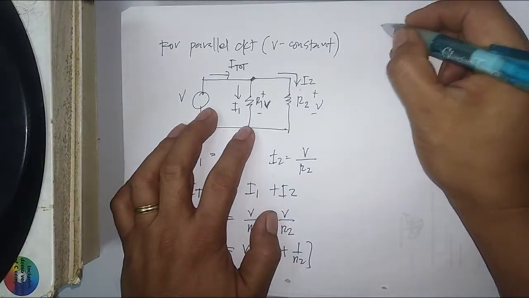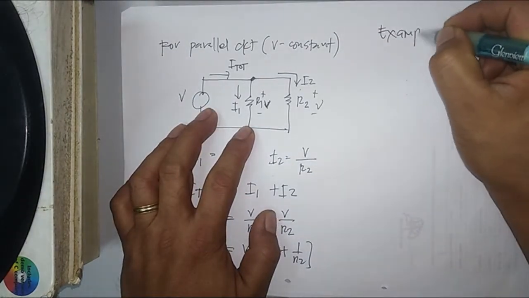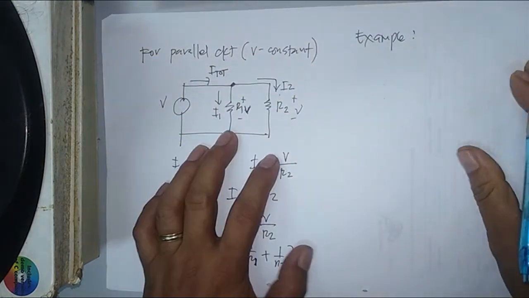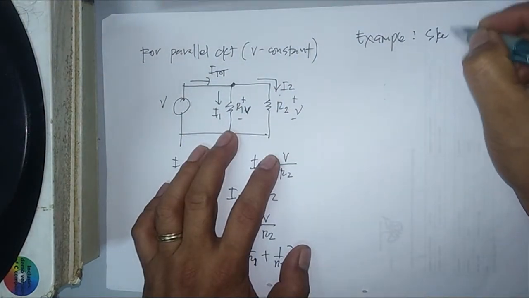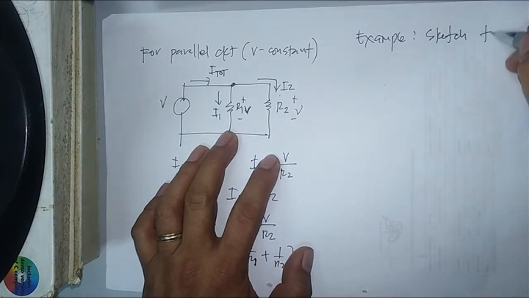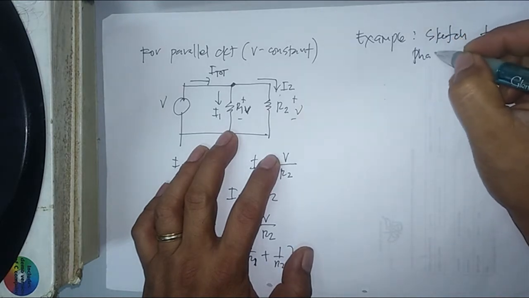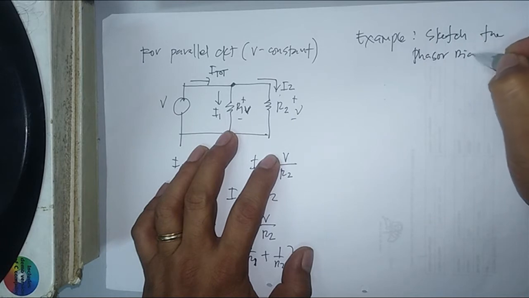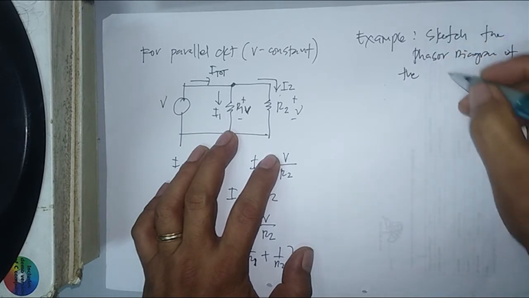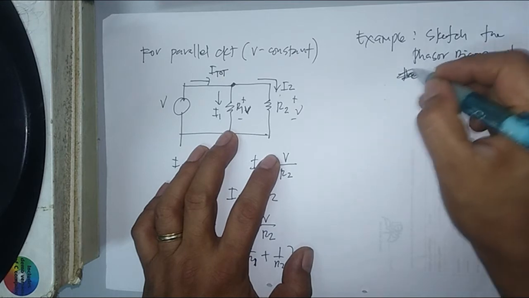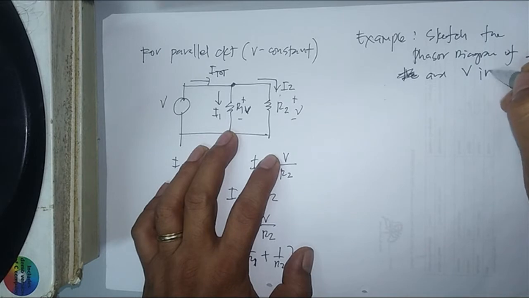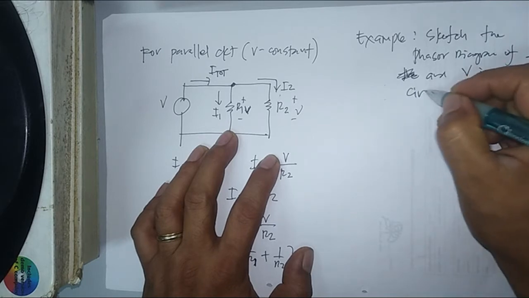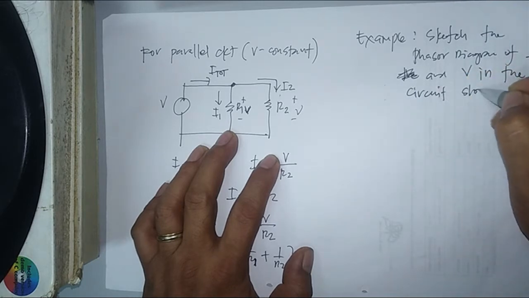Okay, let's have an example here. Sketch the phasor diagram of I and V in the circuit shown.